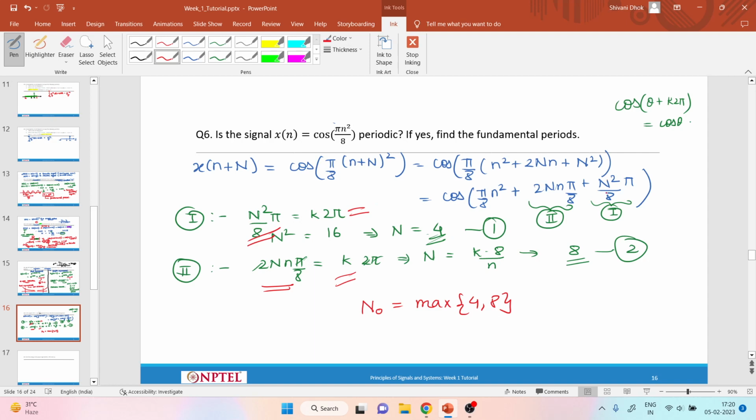But if I consider N equal to 4, the second term will not be an integer multiple of 2 pi, and therefore we need to consider the maximum value. That's why my fundamental period will be N naught equal to 8, and since we are able to find one such value of N, it is a periodic signal. Is this okay? Is this clear?